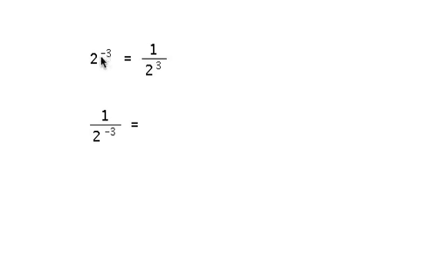Okay, so here the negative power means that it's in the denominator. What if you have a negative power in the denominator? Well, you can represent this as 1 over 2 cubed in the denominator. So you have a complex fraction where the denominator itself is a fraction. And how do you get rid of that?